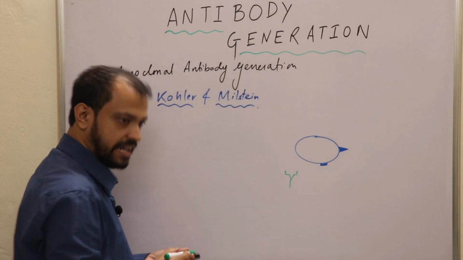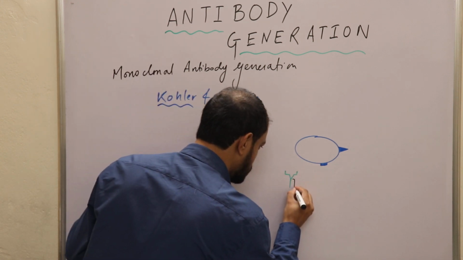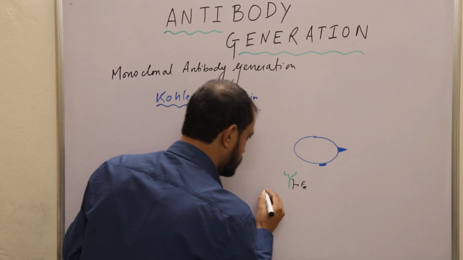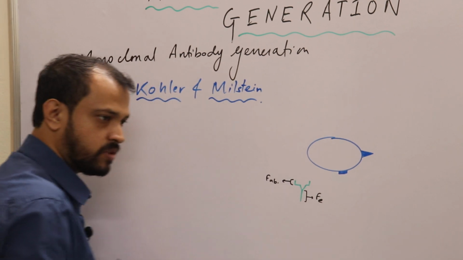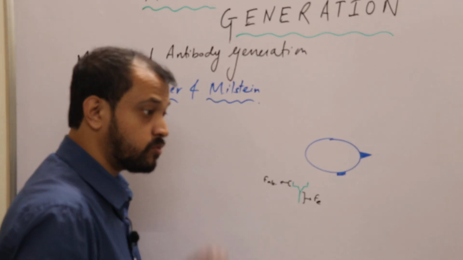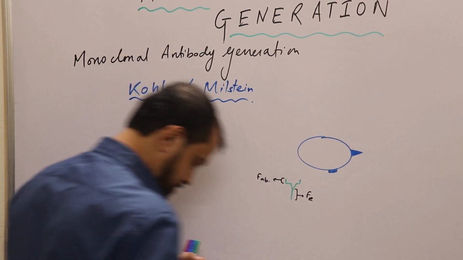If there is an antibody which is designed like this, that is, this is the Fc portion, and this is the FAB portion. For more details about Fc and FAB, go to the immunology lecture on antibody structures. Then you will understand it.